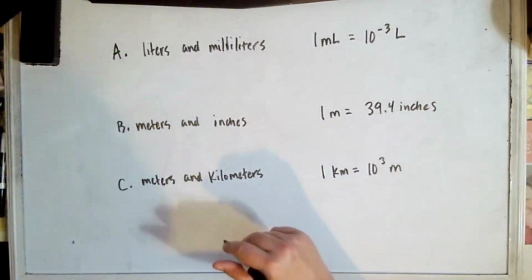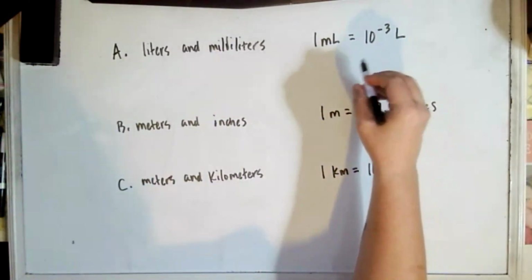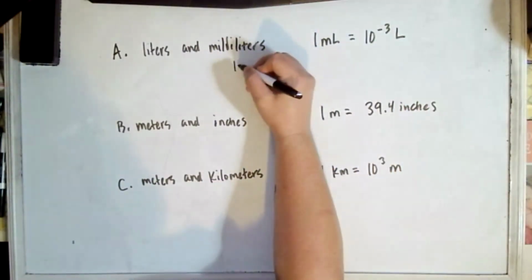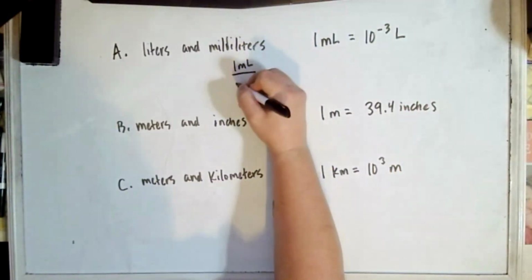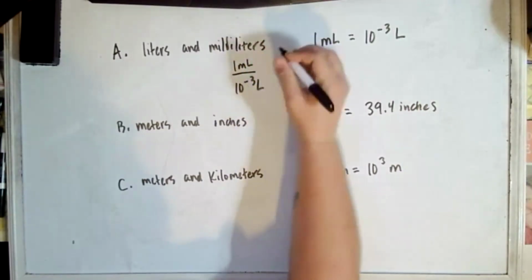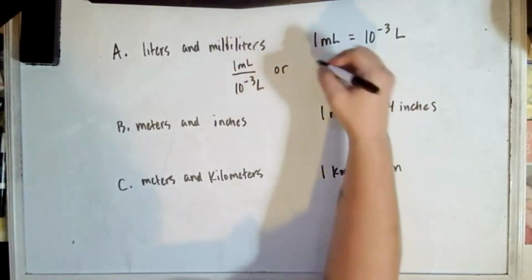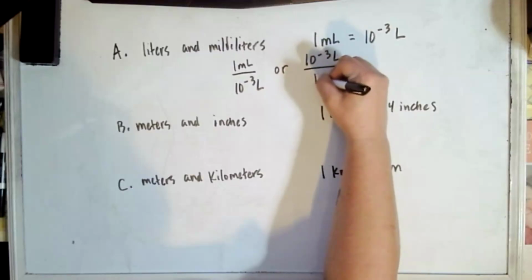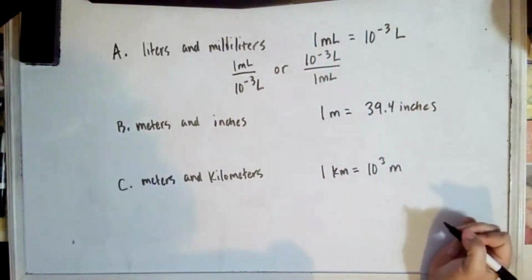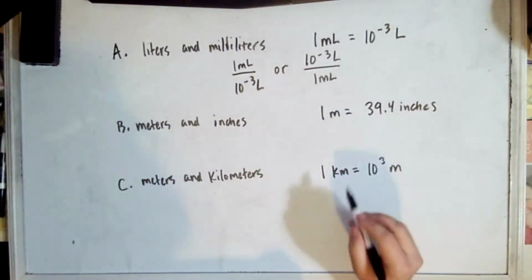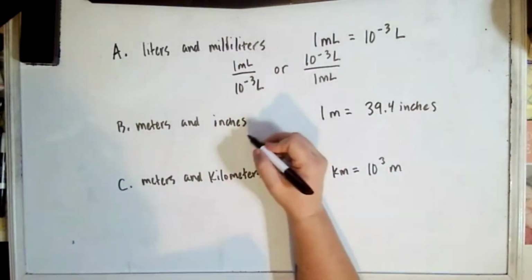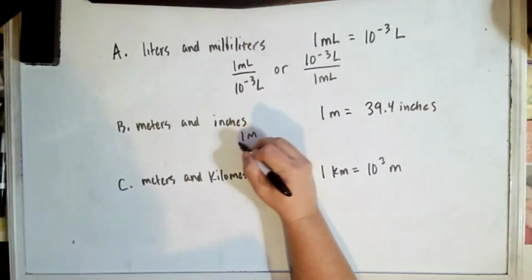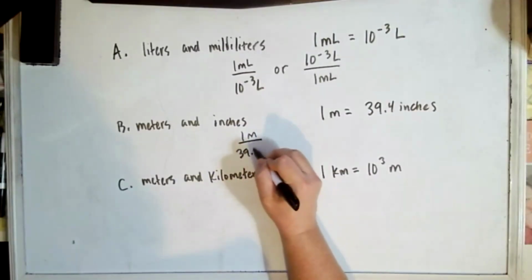So now to write the conversion factors from this, I'm going to write one version where my milliliter is on top and my liter is on the bottom. And my second conversion factor is going to have liter on the top and milliliter on the bottom. For my meters and inches, one version I'll have meter on the top, inches on the bottom.